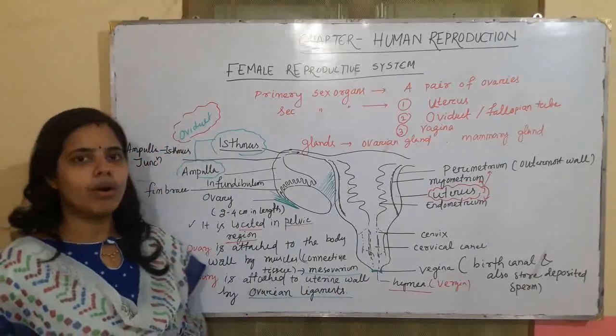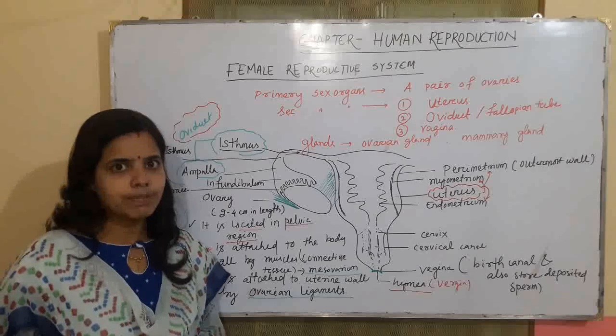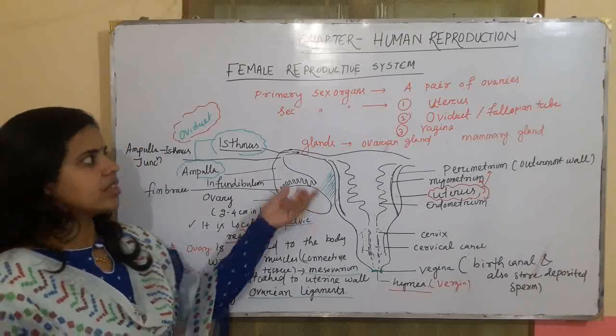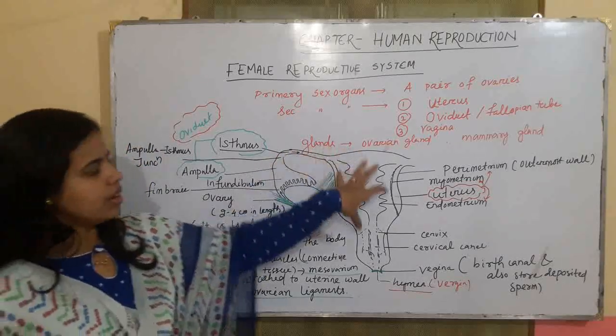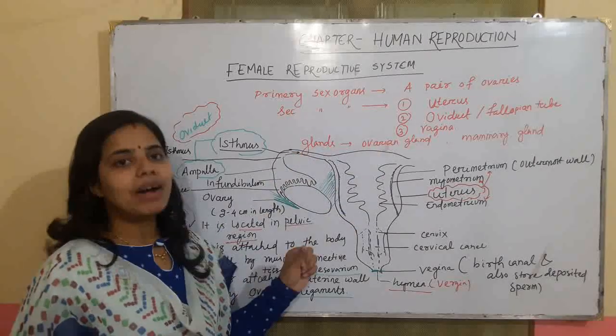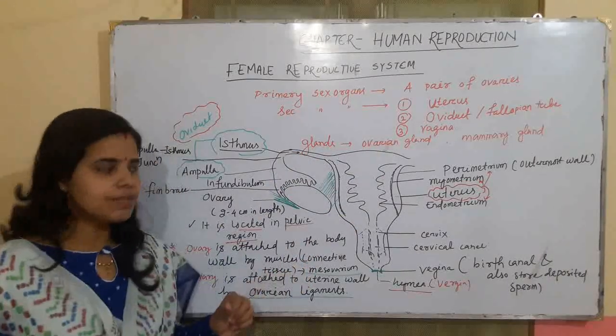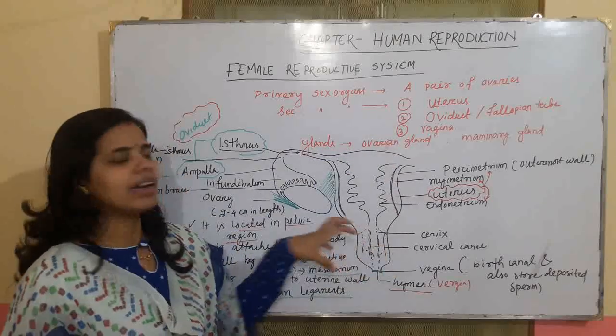So this is all about the female reproductive system. Here we gathered all the parts of the female reproductive system. In the next video we will discuss each of the parts in detail.